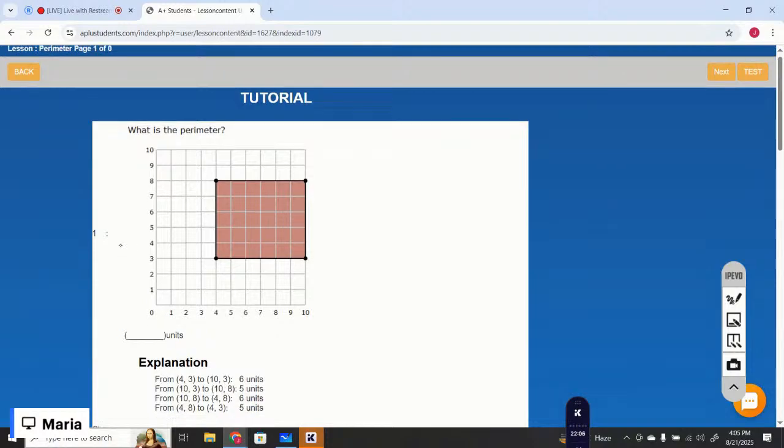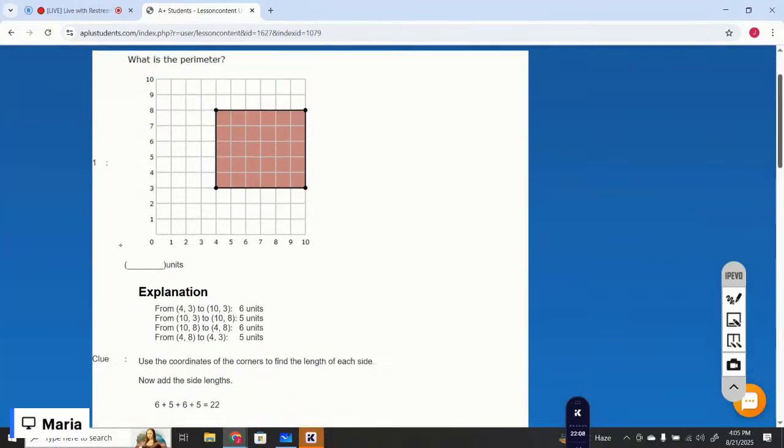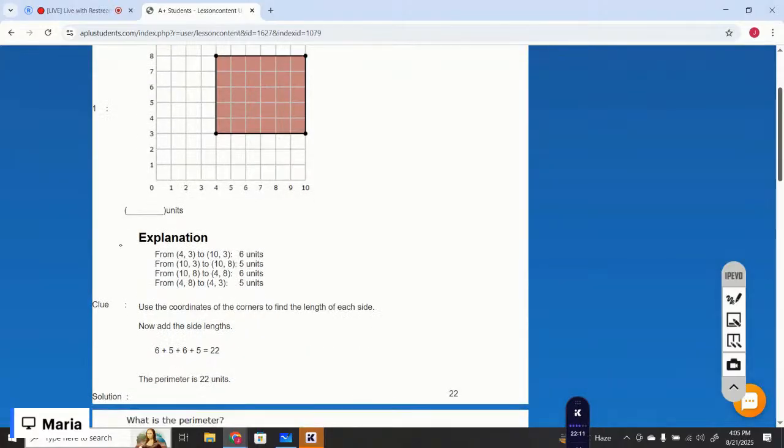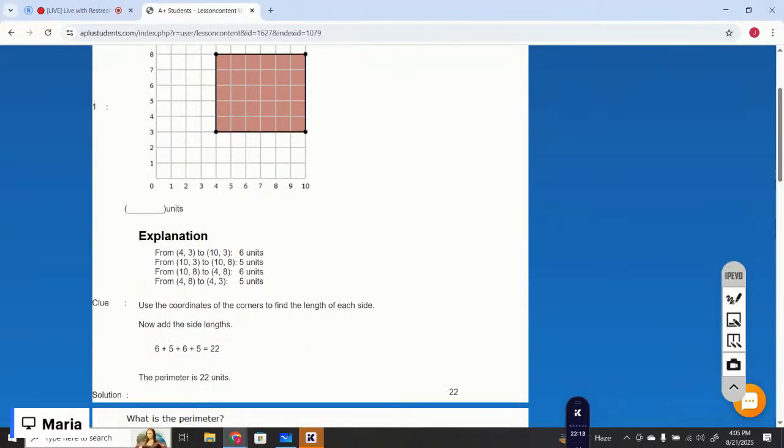What is the perimeter? We need to use the coordinates of the corners to find the length of each side.